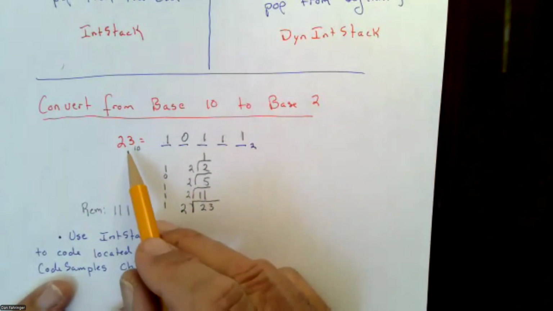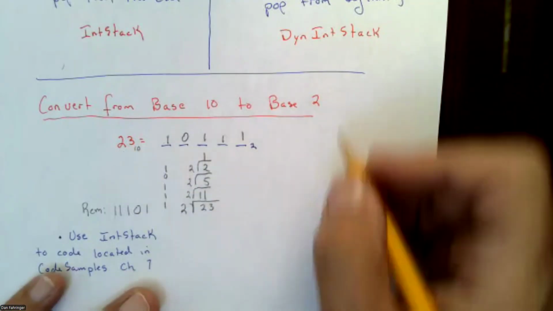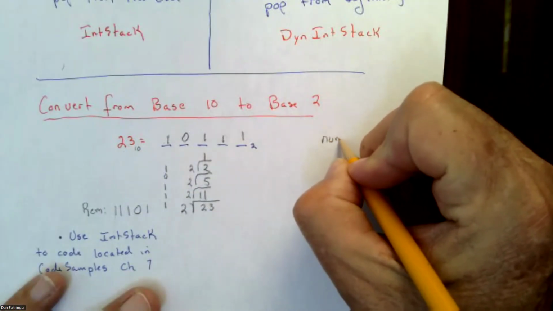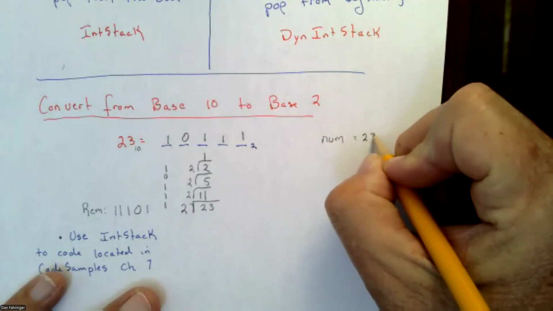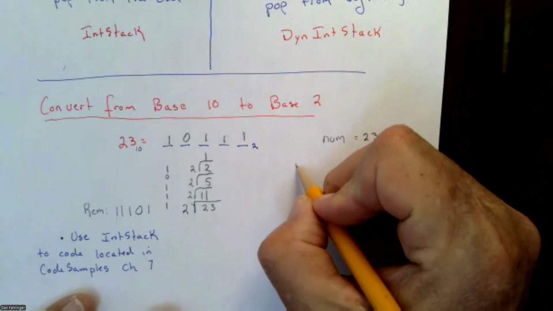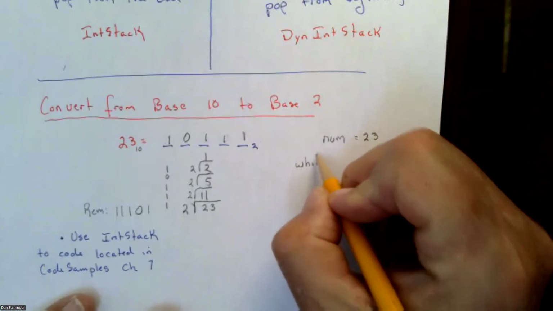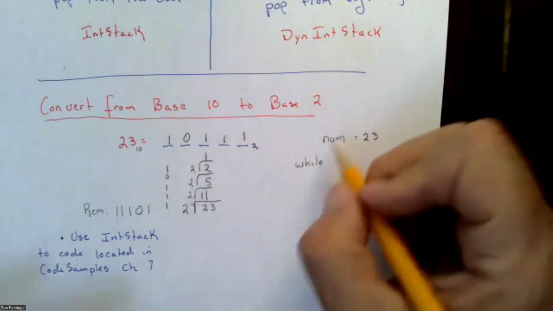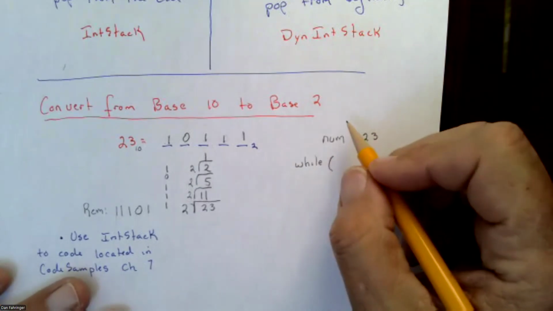Let's see. I have a number, right? The number equals 23. And then I got into a while loop and I went until my number was 0.